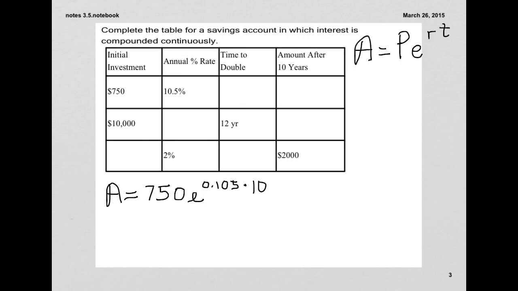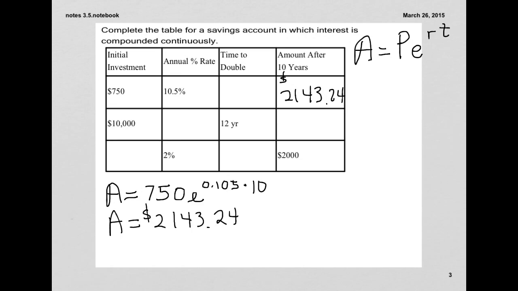Okay, all we simply need to do is plug this into the calculator and round it to 2 decimal places because we are working with money. So we plug all that in the calculator and we get A equals $2,143.24. Okay, so that's our answer right here, $2,143.24.